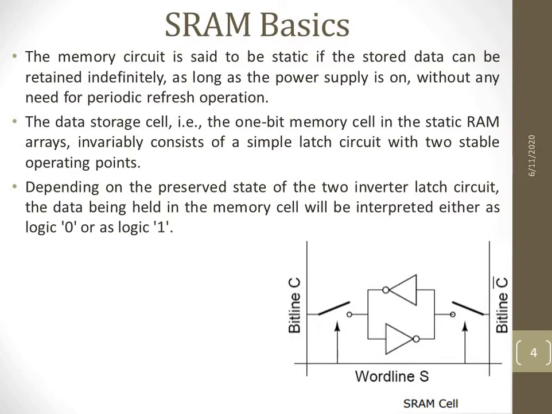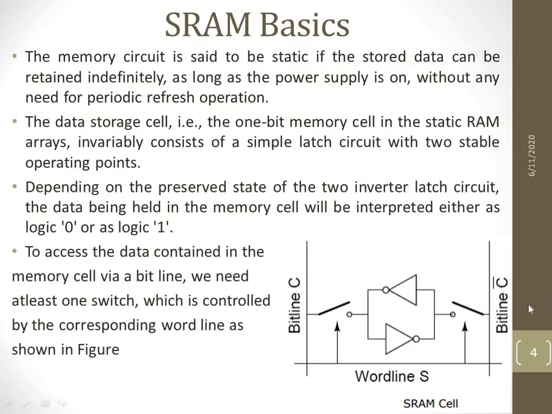So here you can see two inverters. They are made like the latch circuit, and here you can observe the two switches. These are made up of NMOS. So these NMOS will act as a switch to pass and to stop the data, so to access; that's why they are called access transistors.